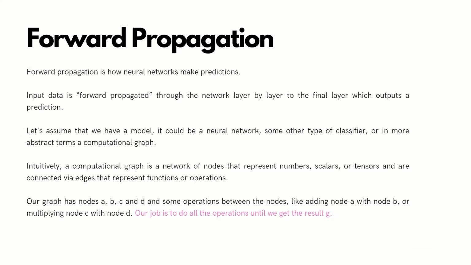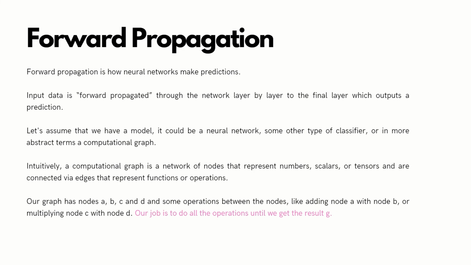So, after understanding how the system of deep learning works, let us go ahead and understand the working or the meaning of what is called forward propagation. Now, forward propagation is the process by which neural networks actually make predictions.